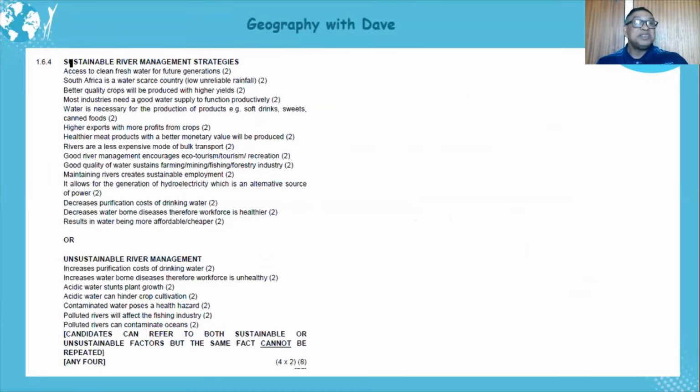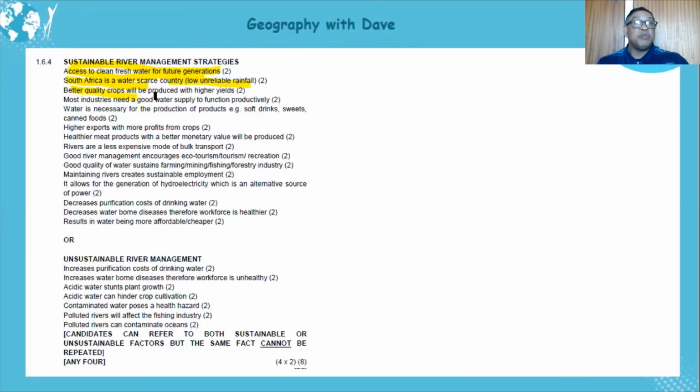Look at here. Sustainable measures, river management strategies, access to water for future generations. That's an importance already. Just describing this. Can you see it? Sustainable. You need water for future generations. South Africa's water is scarce, and the country has a low, unreliable rainfall. So we need to save the water.